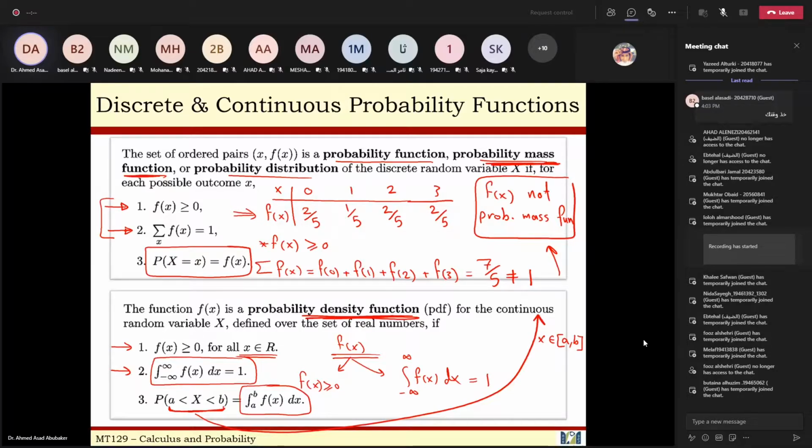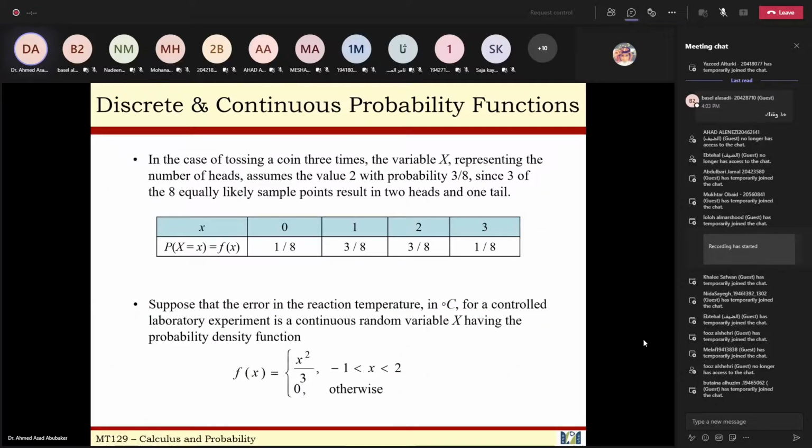Look at this. Two examples for discrete and continuous. For f of x, firstly, f of x greater than or equal to 0.